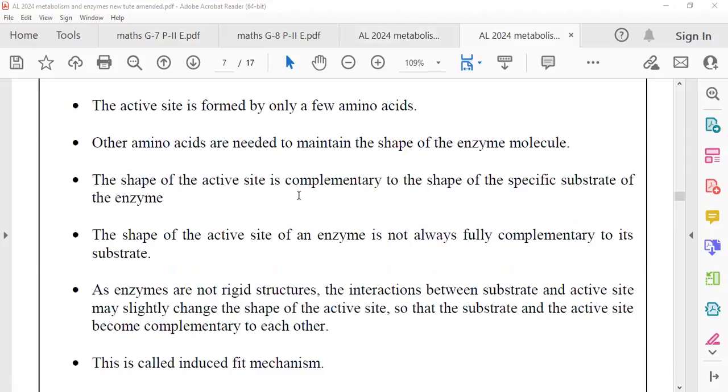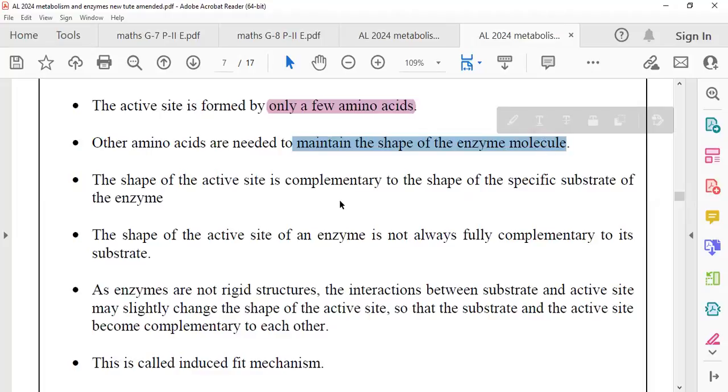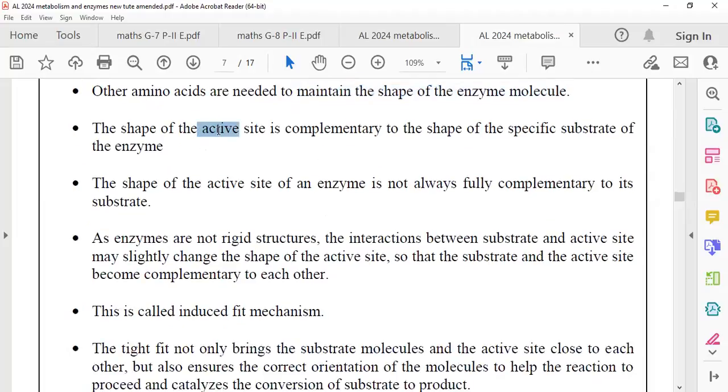Active site is formed only of a few amino acids. Other amino acids are needed to maintain the shape of the enzyme molecule. The shape of the active site is complementary to the shape of the specific substrate.